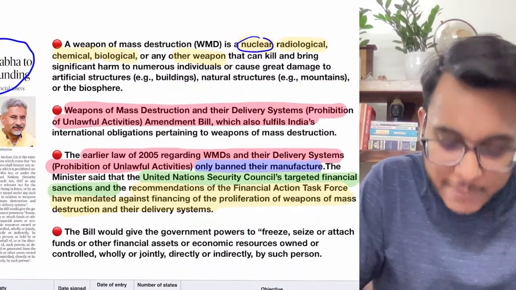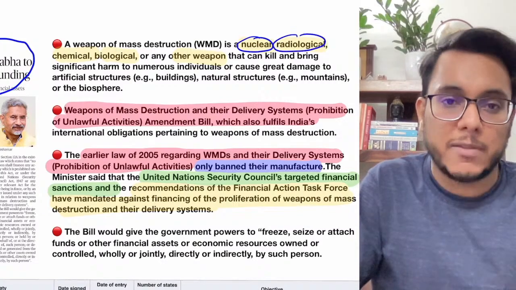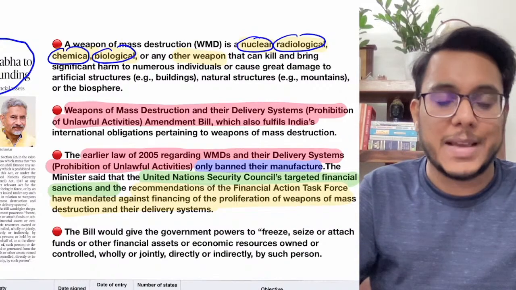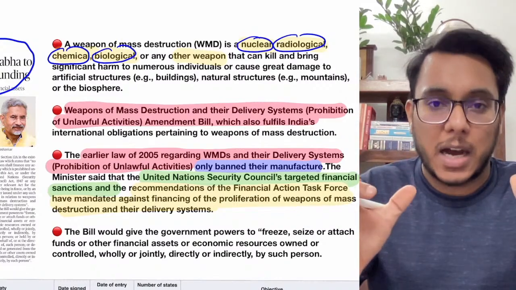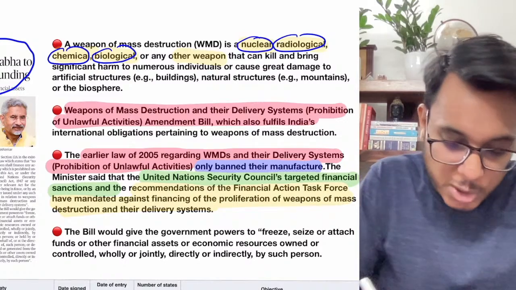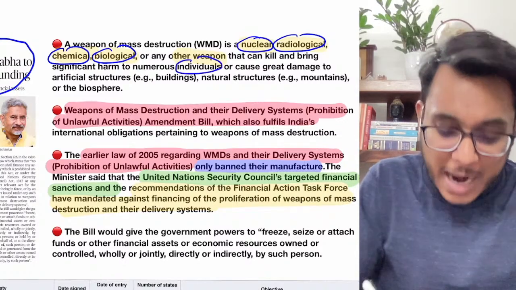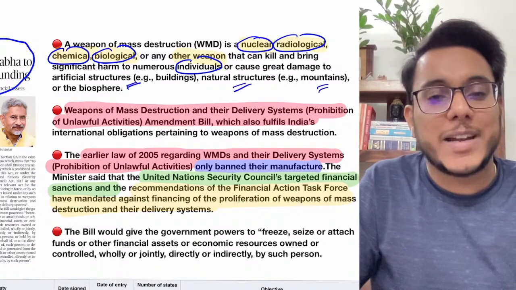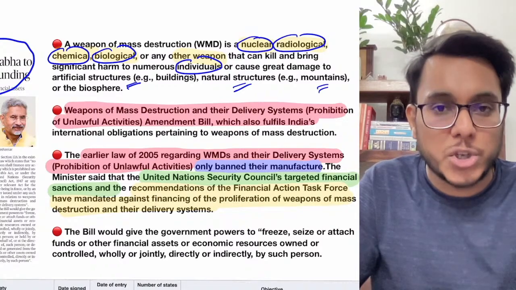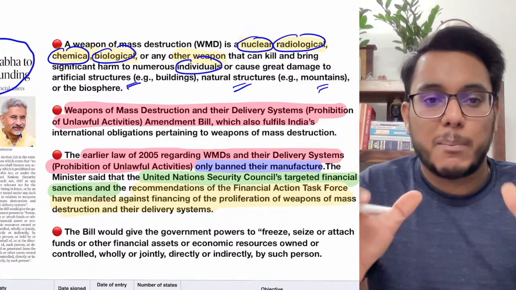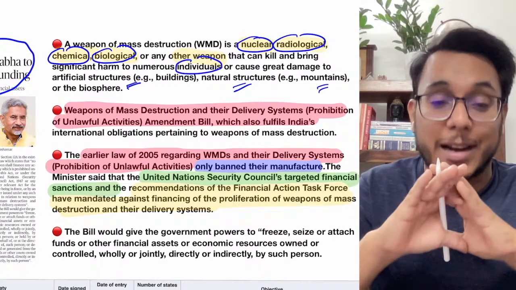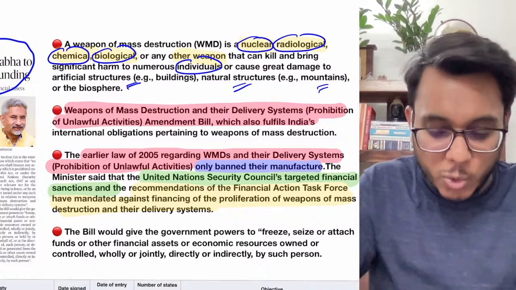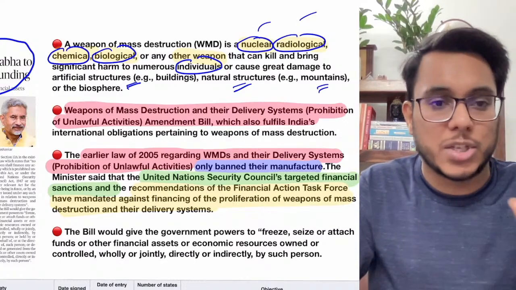It could be a nuclear weapon, a radiological weapon, a chemical, biological, or any other kind of weapon which can bring significant harm to individuals, to artificial structures, for example the buildings, etc., and natural structures such as the mountains, biospheres, reefs, oceans, forests, etc. So weapons of mass destruction are the ones which have a catastrophic effect on human and non-human components, and they could include nuclear, radiological, chemical, biological, etc.